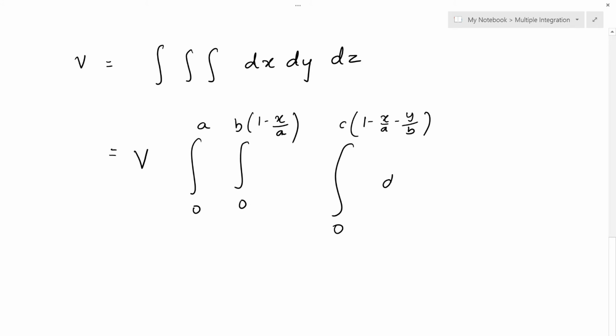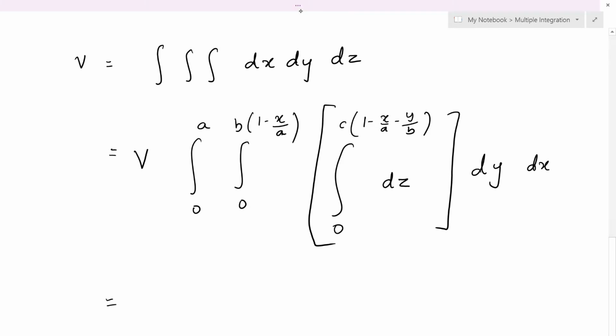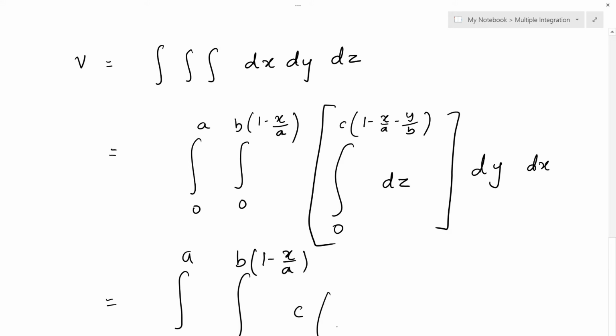First we will integrate with respect to z because limits are for z, then for y and then for x. So with respect to z, the integration is z, upper limit minus lower limit, so you will have the integral from 0 to a, and 0 to b into 1 minus x/a, of c into 1 minus x/a minus y/b dy dx.